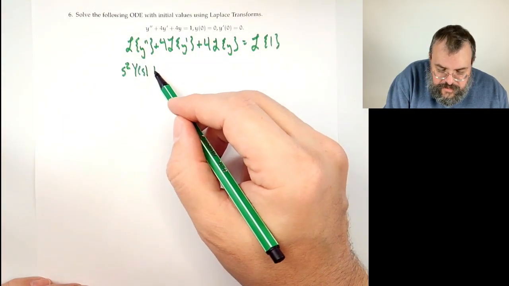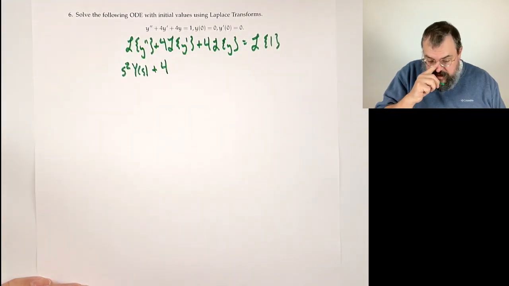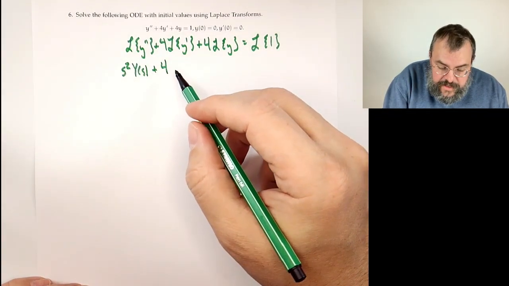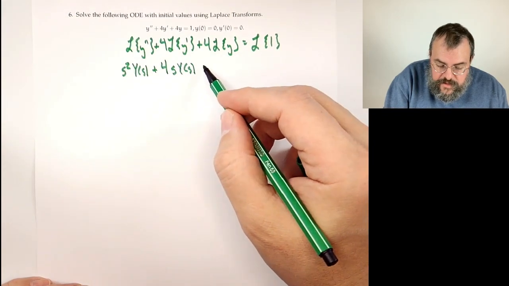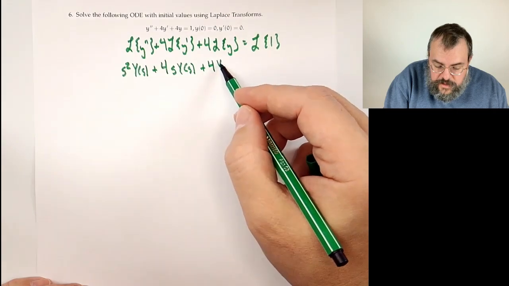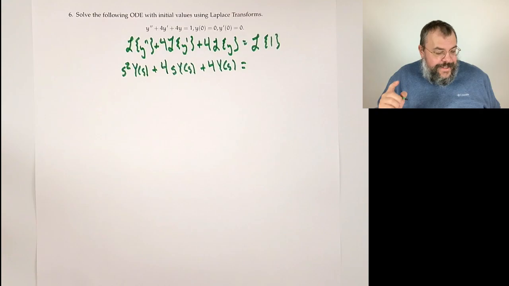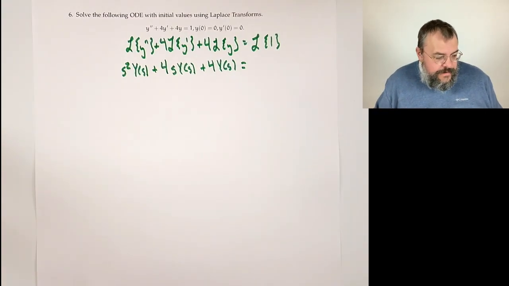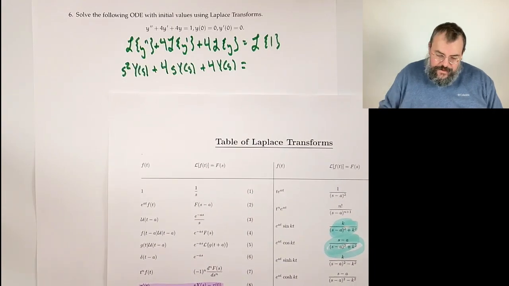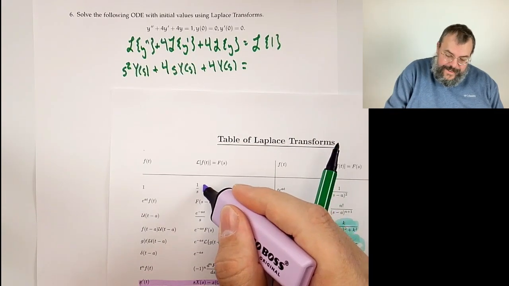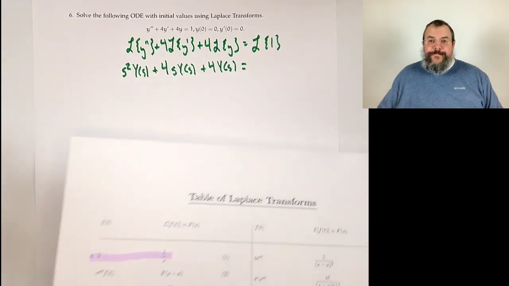Then the next piece will be plus 4 s y of s, plus 4 y of s, equals the Laplace transform of 1. Good news, it's the first thing on our table. So it's 1 over s.